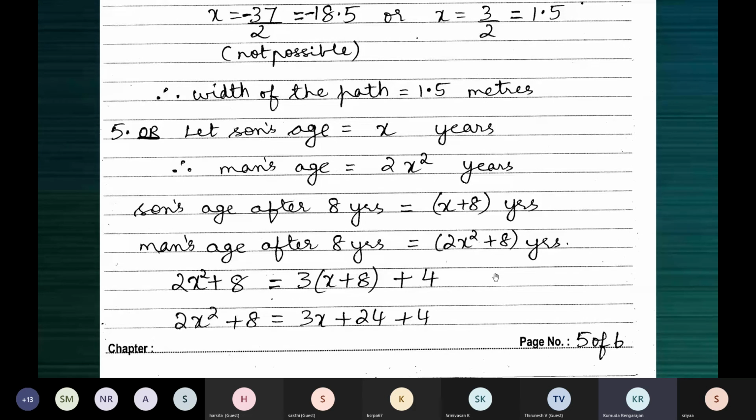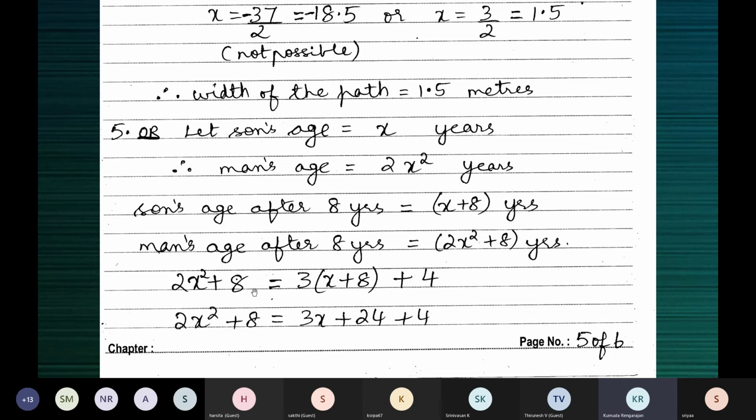So now we are not in the present, we are in the future. Forget these 2 ages. We are now in the future, 8 years later. So we are working only with these ages, not with the present ages. So after 8 years, this is the father's age or the man's age.